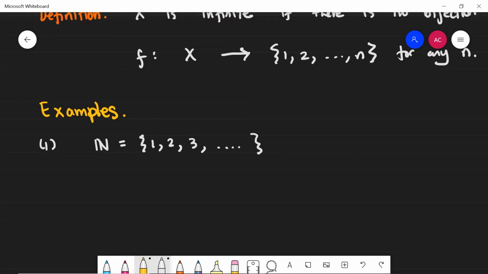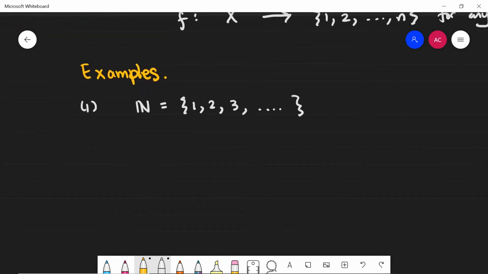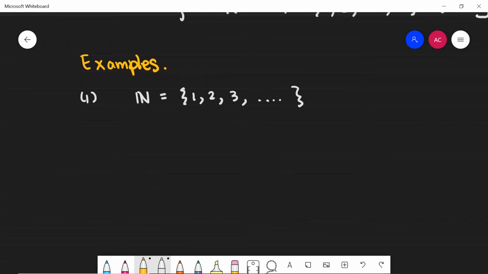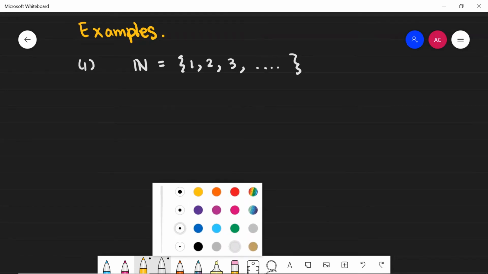Why? Because I cannot construct a bijection going from the set of natural numbers to a set of the form 1, 2, 3, 4, all the way up until you get to some finite integer n. I cannot possibly construct such a bijection. You might ask yourself why you cannot construct it, so try to show that. To do that, you simply assume that you can, and then you arrive at some contradiction. I encourage people to think about how they would show that too.